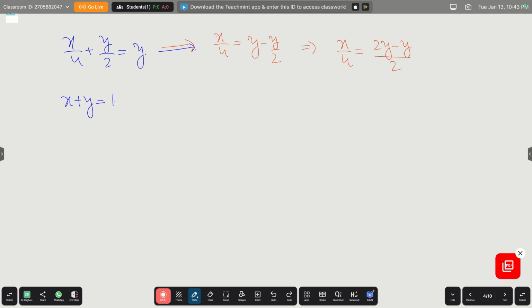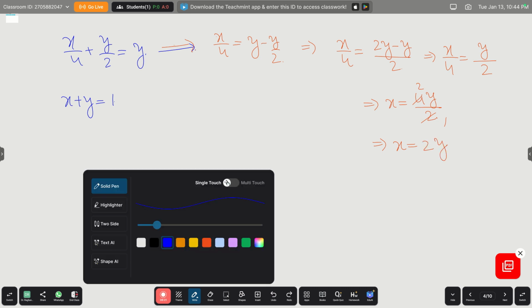So x by 4 is equal to 2y minus y, which is 1y, divided by 2. That gives me x equal to 4y divided by 2, which means x is equal to 2y, since 2 ones are 2, 2 twos are 4.